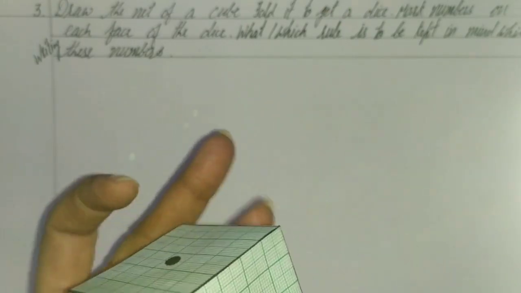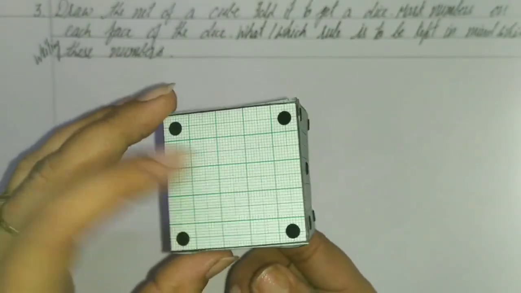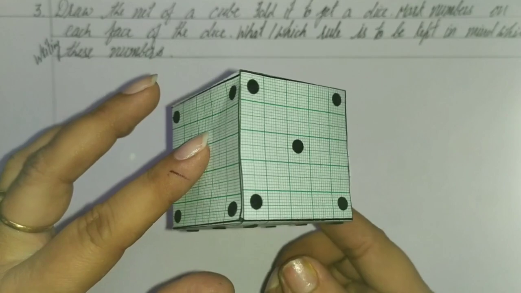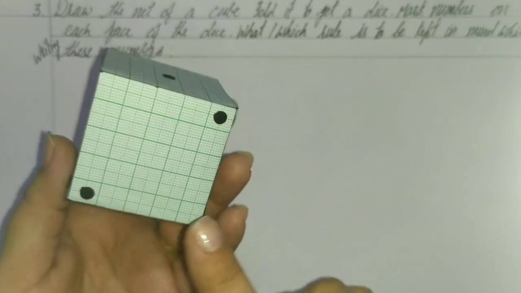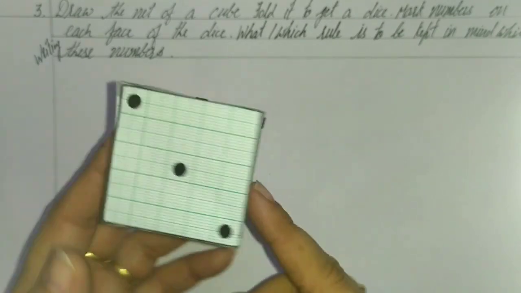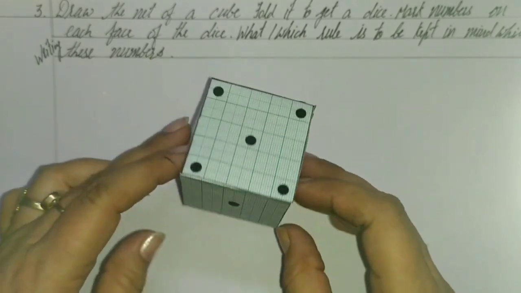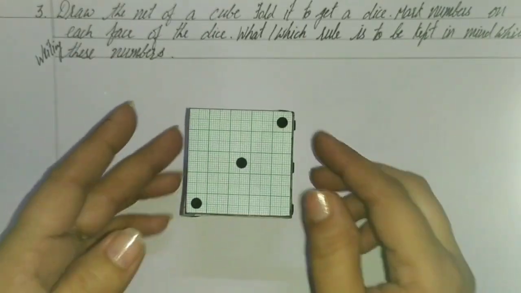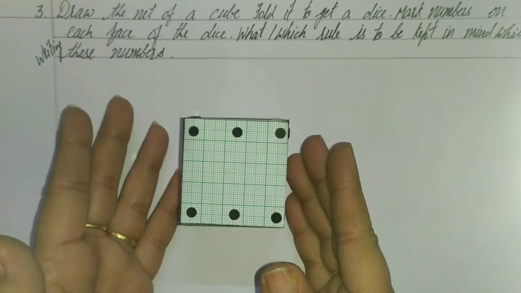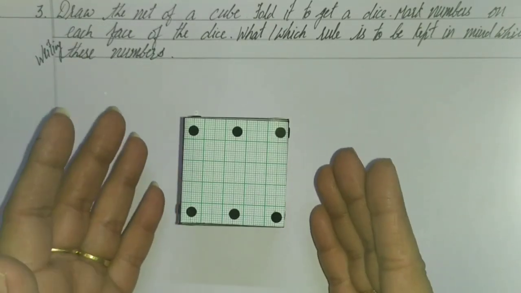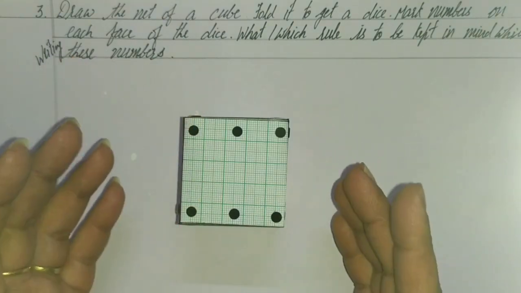Now coming to this face, it's 3 and its opposite face is marked as 4, so their sum is 7. It's 5 and the face opposite to this contains 2, and their sum is also 7. So in this way you have to keep this rule in your mind while making a dice, that the numbers on the opposite faces must add up to 7.